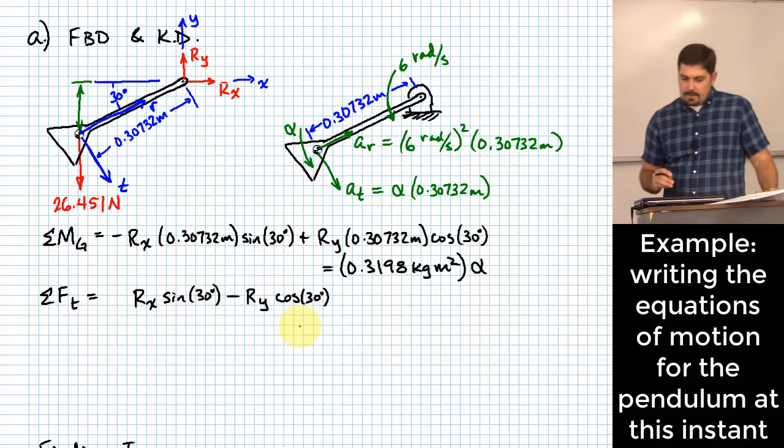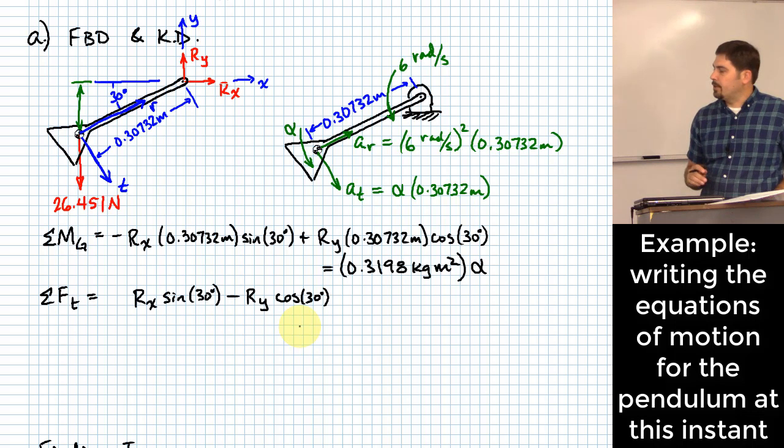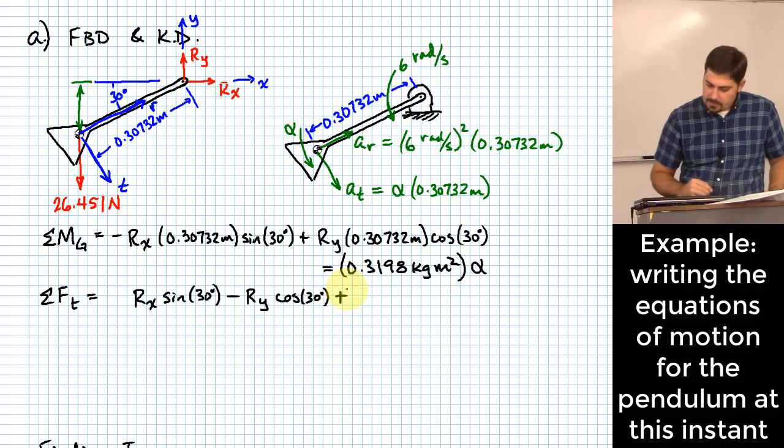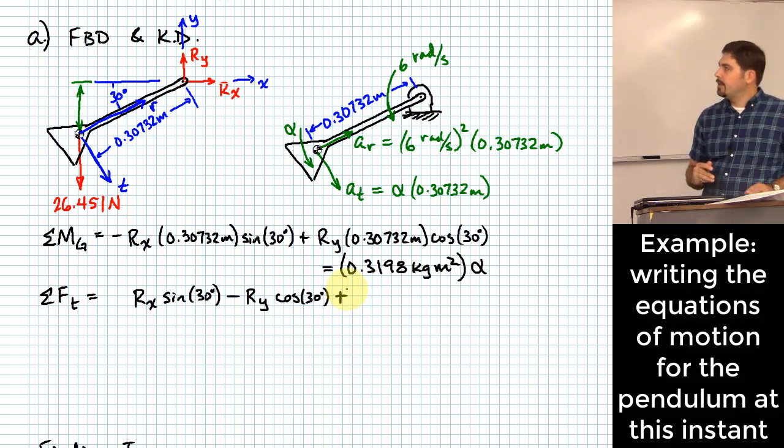All right. I have one other force that I need to deal with here, and it is weight. For that one, it looks like that 26.451 for the portion of it that coincides with t there, it does align, right?